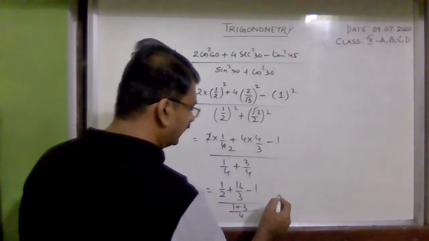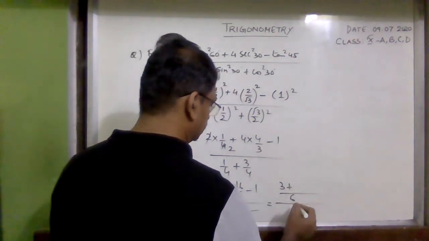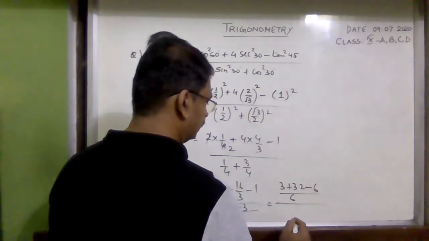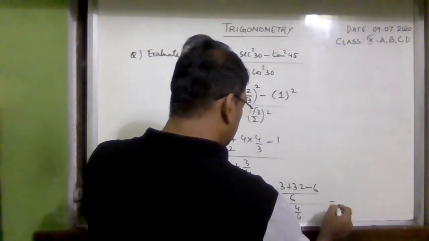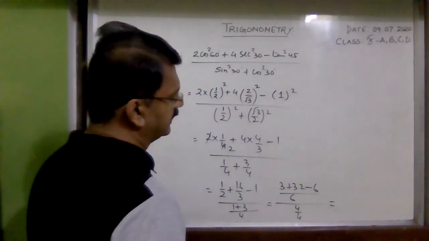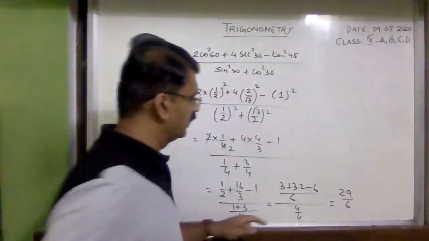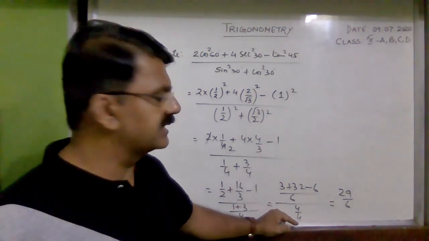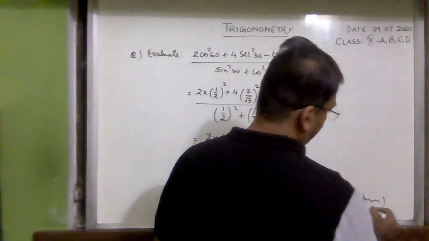So in the numerator you take 6 LCM, 3, 32, 6, and here it is 4 upon 4. Okay. Now 32 plus 3 is 35. 35 minus 6 is 29. So 29 by 6, because 4 upon 4 is 1. So the answer will be 29 by 6. The answer is 29 by 6.